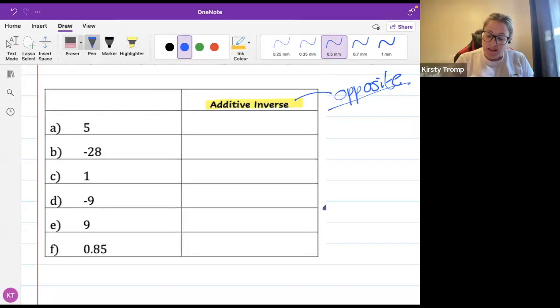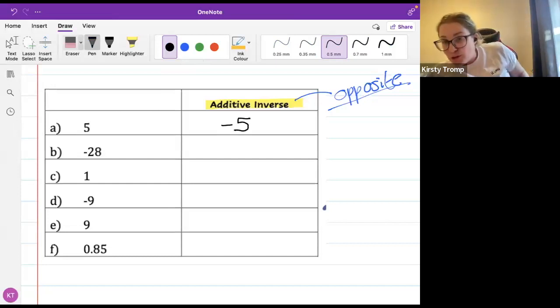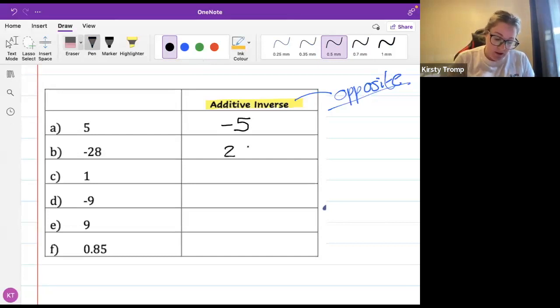So let's put our additive inverses for our questions here. The additive inverse for the number 5 will be negative 5. The additive inverse for negative 28 will be 28.